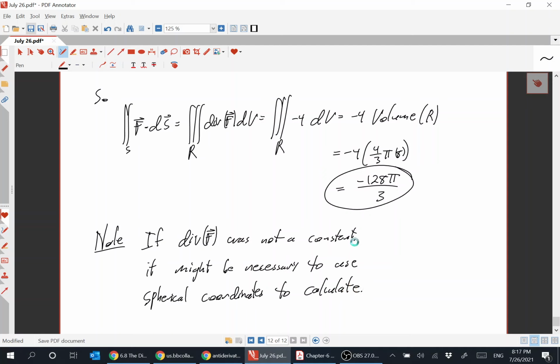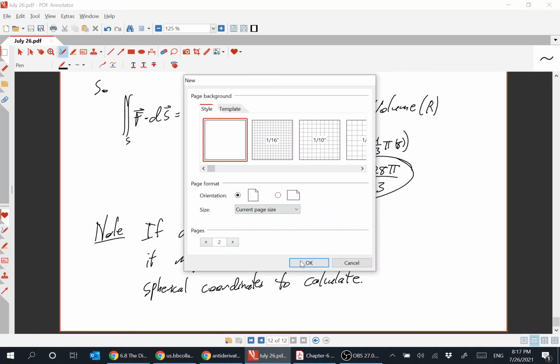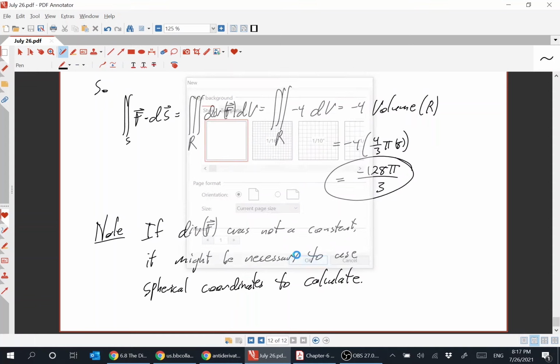Or cylindrical, if it was a different type of surface where cylindrical coordinates might be appropriate. Okay.